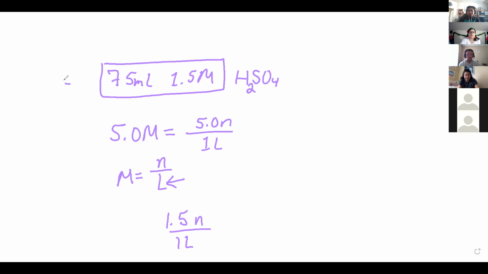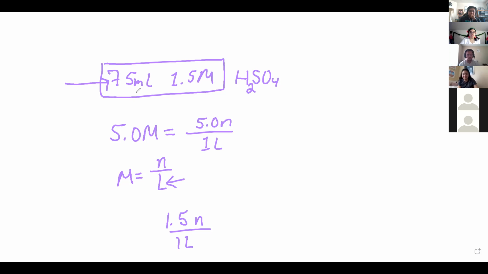But we always want our volume in liters. So what can we do to these milliliters? Move the decimal place 3 times to the left, right? Because we're converting to liters.